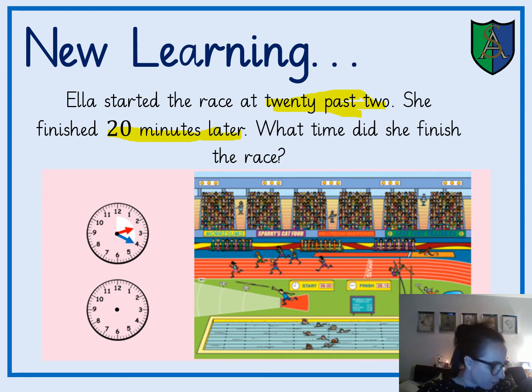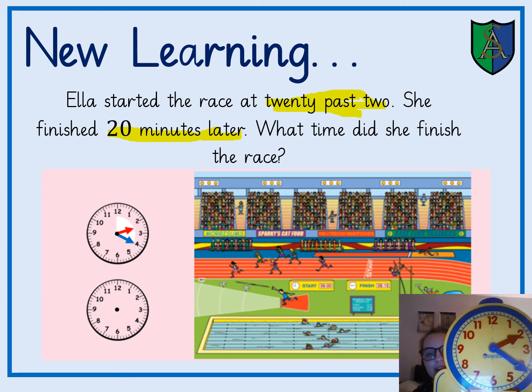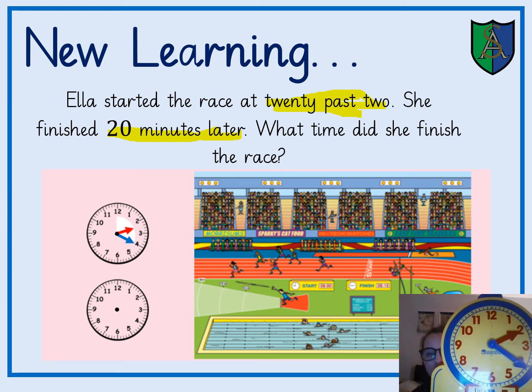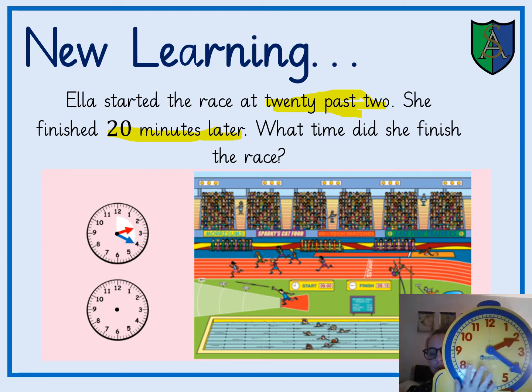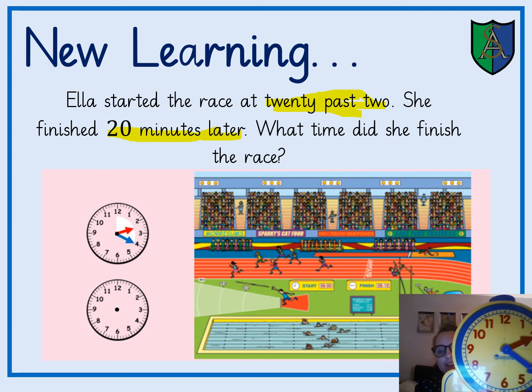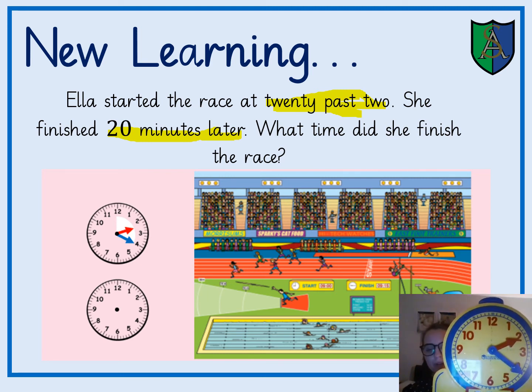Okay, so I'm going to go ahead and make 20 past 2 on my clock again. There we go, I've got 20 past 2 on my clock, and I need to move it this time 20 minutes, don't I? So I'm not moving my hour hand, my red one, I'm moving my blue one because that's my minute hand, and I know that the duration is just 20 minutes.